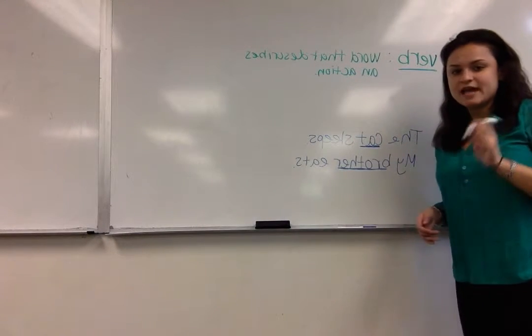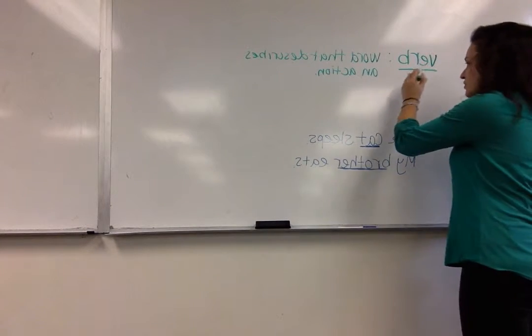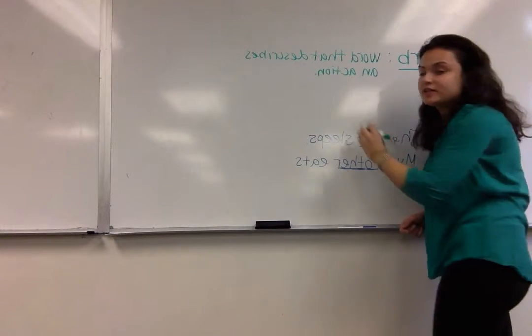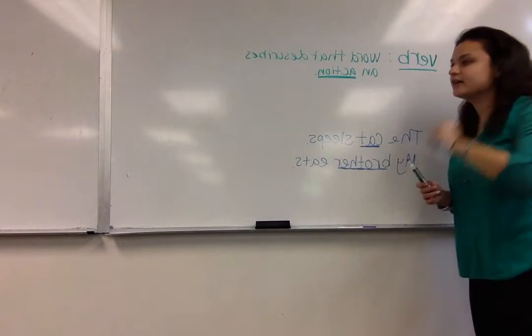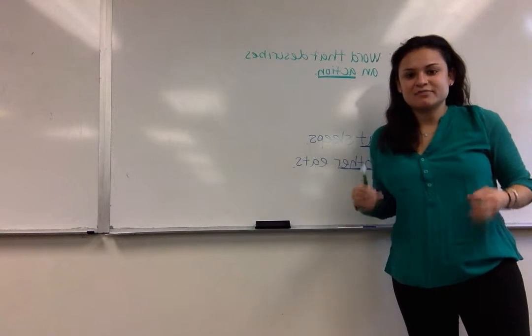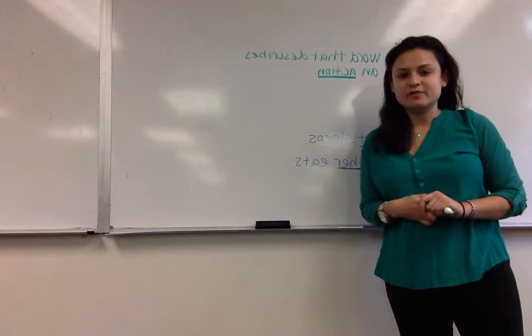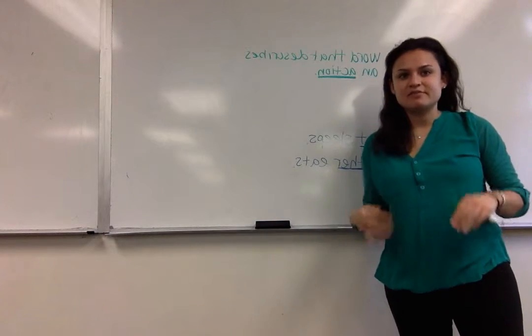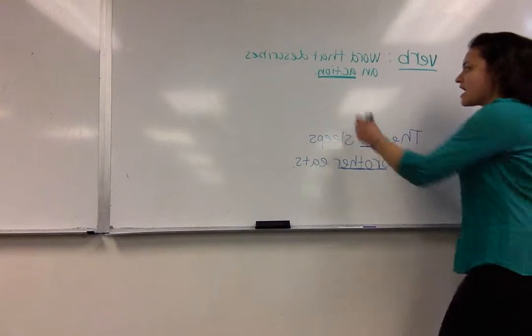So a noun is a word that describes a person, a place, or a thing, and a verb is a word that describes an action. Action is super important to remember, because a verb is an action word. It's something that we do. Can everybody say that with me? A verb is an action word. It's something that we do. Good job.